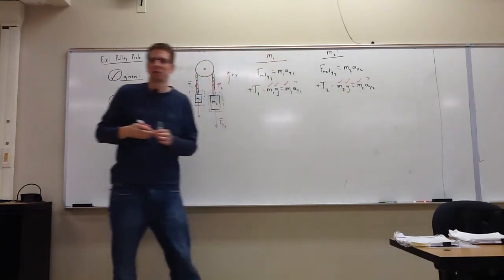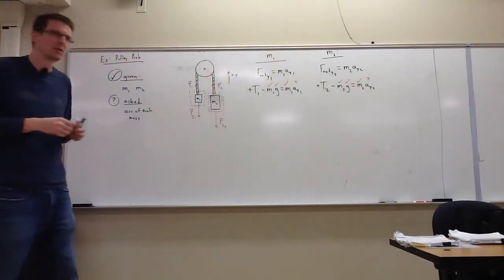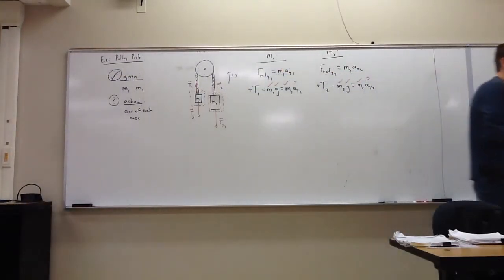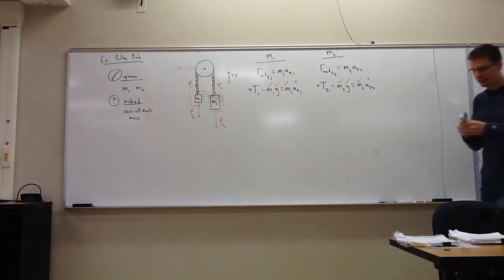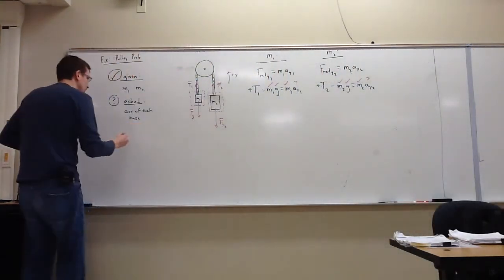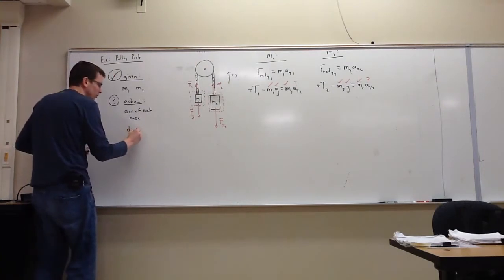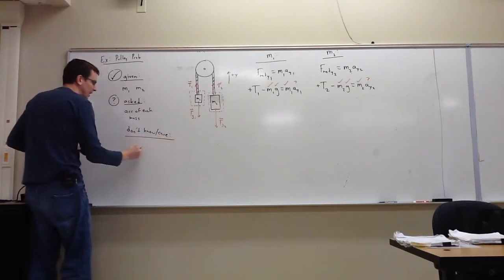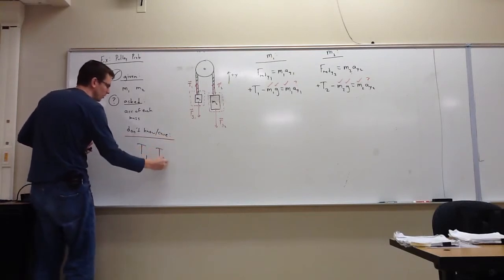G is a stand-in for a particular number. But we find here that there's two variables which are in neither category, the tensions. So I'm going to add over here the don't know, don't care category. And in that category, we have T1 and T2.